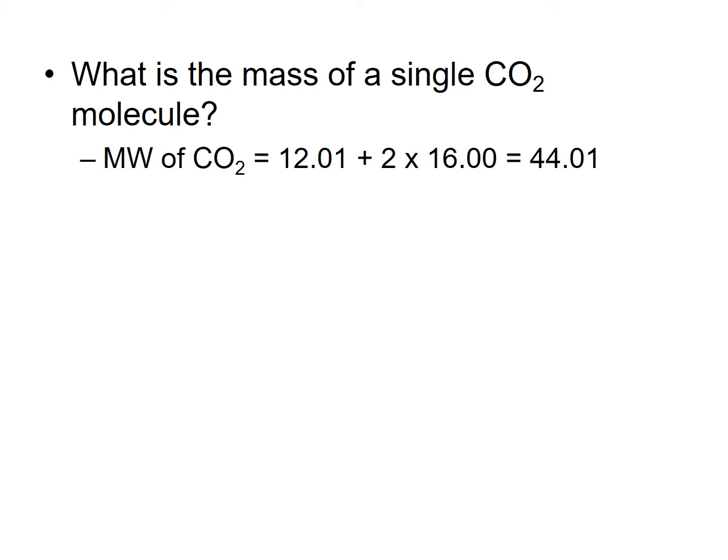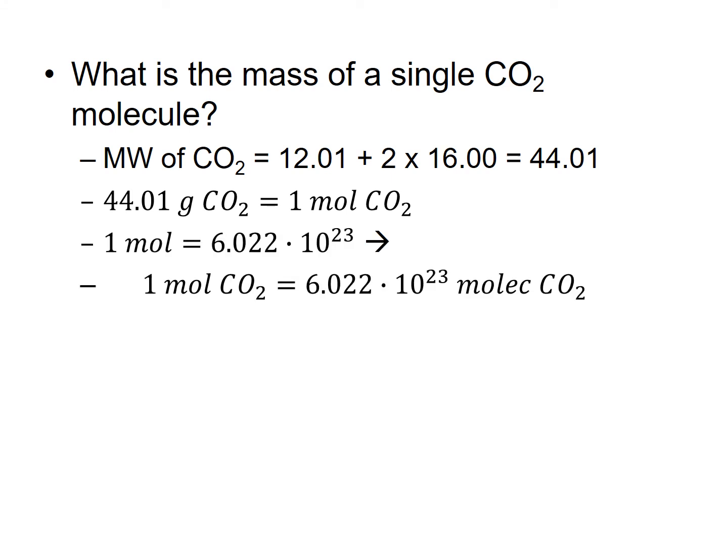So how do we get the mass of a single CO2 molecule? Okay, first of all, here are some conversions. 44.01 grams of CO2 is equal to 1 mole of CO2. But a single CO2 molecule is not 1 mole of CO2. Remember, 1 mole is really this very large number, 6.022 times 10 to the 23rd. How do we get rid of that mole unit?